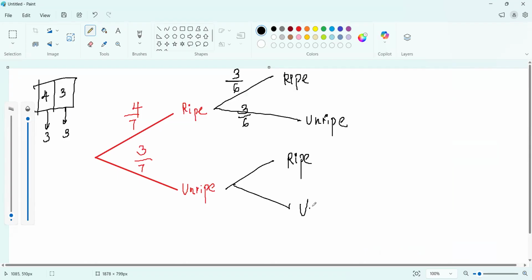Again, she takes with the same thing. First time they are having 7 again because she put it back into the bag. So they are having 4 ripe and 3 unripe. Clear? Because she put it back if it is unripe.